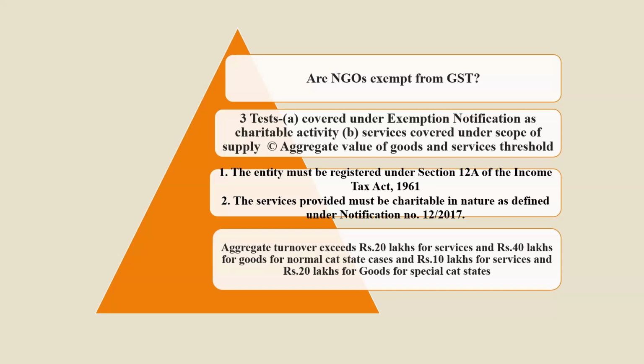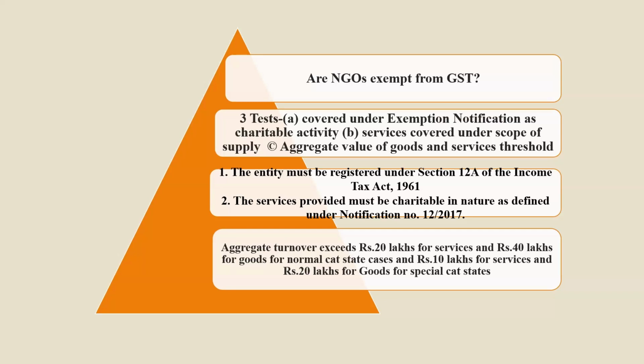So if you are in a normal category state, up to 20 lakhs of services rendered, provided that you fail the test on A and B, you will still not be required to get registered. You may still not charge GST.